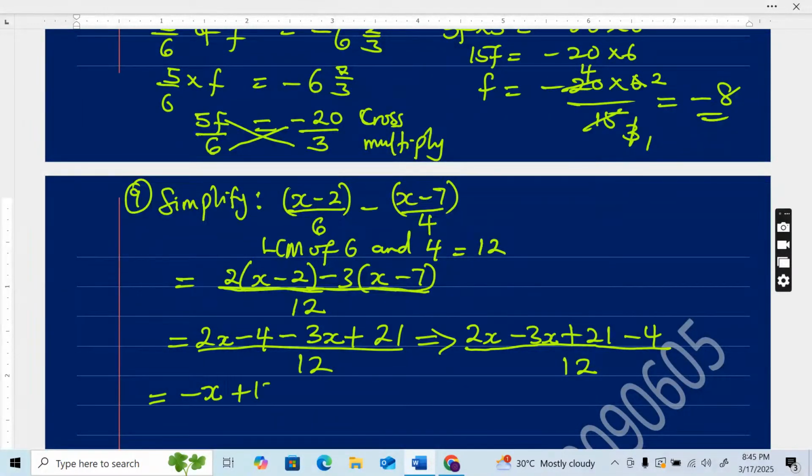So that will be plus 17 over 12. So now you can rewrite the answer by writing the positive number before the negative number. So that will be 17 minus x over 12. That is the correct answer. I hope you understand.